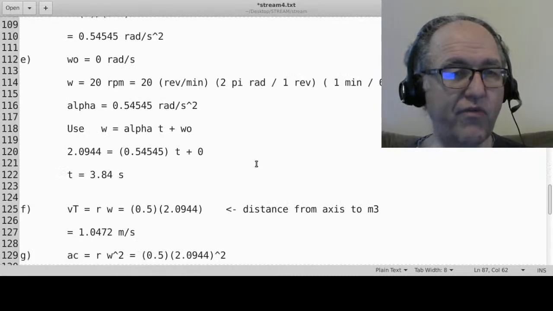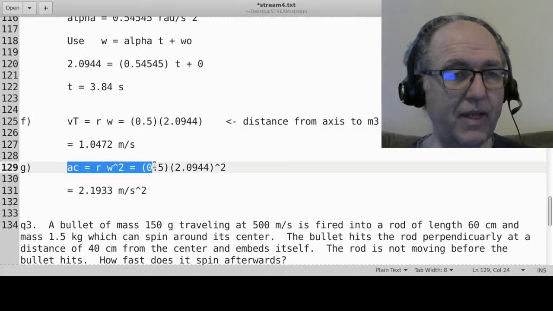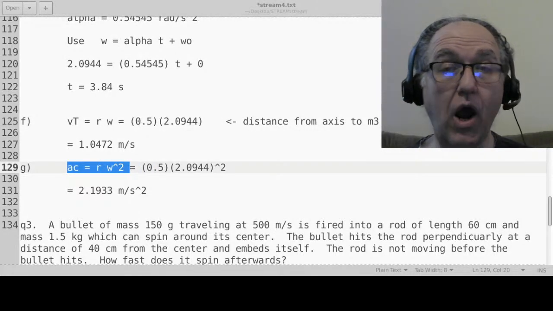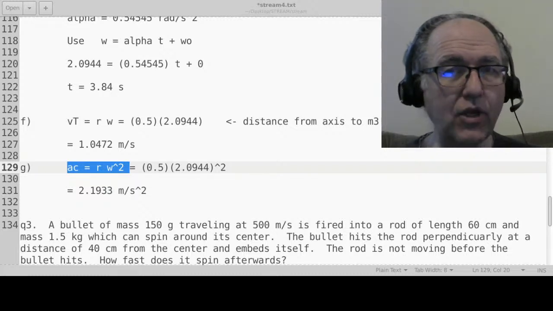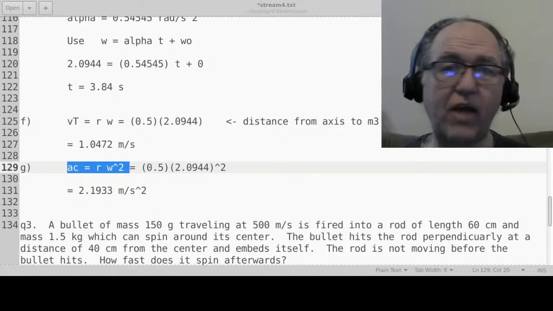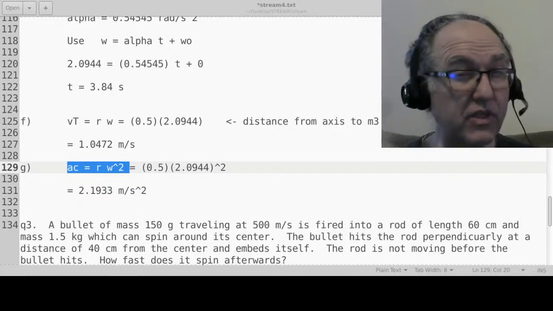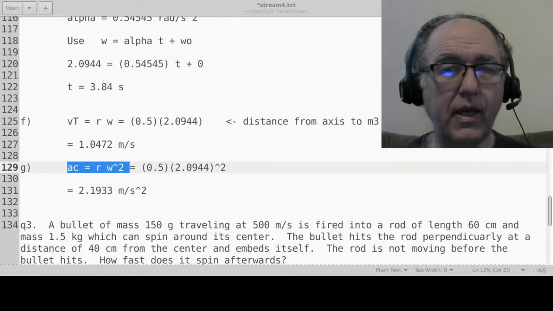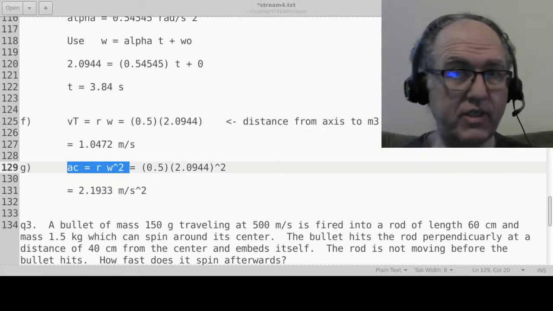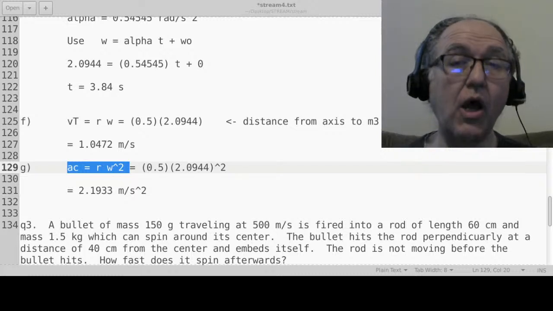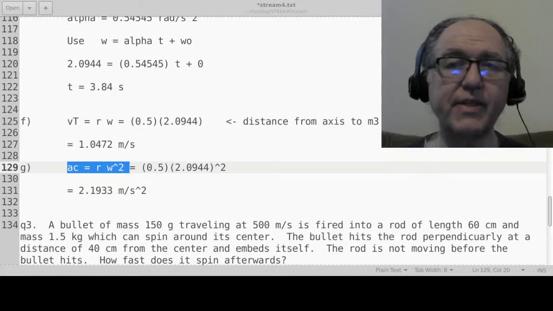And the centripetal acceleration for m3 is given by this formula here. Okay, AC, the centripetal acceleration, is r omega squared. Okay, and again, omega, that angular velocity, is the same for all of them. It's just how fast is it spinning, and there's no one mass that's spinning any faster than the other as far as omega goes. Okay, but its tangential velocity, of course, depends on how far you are from the center, and its centripetal acceleration also depends on how far you are from the center.